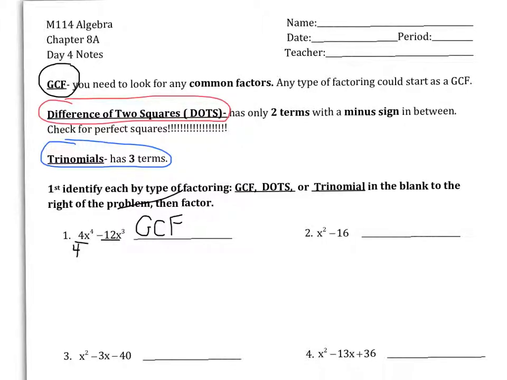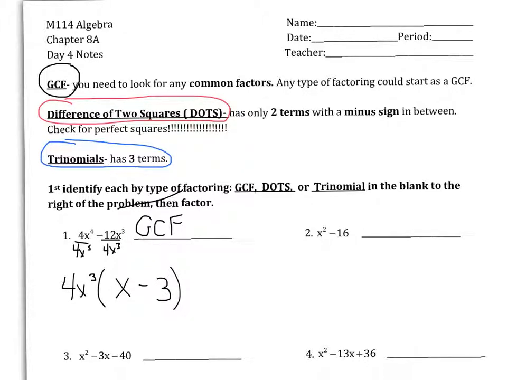And then how many x's can they both give up? It's 3. So 4x to the third is your GCF. And when you divide, there's going to be 1x left, and then minus just the 3.